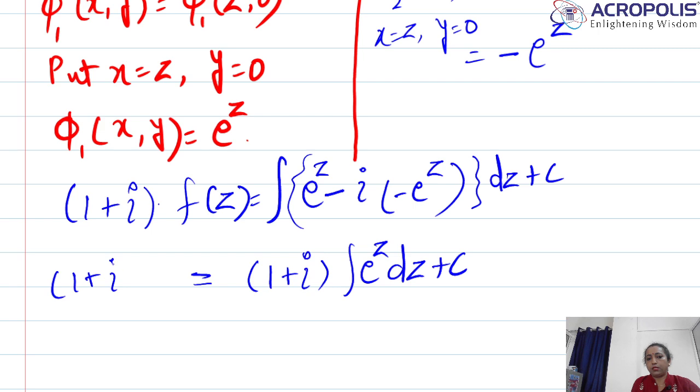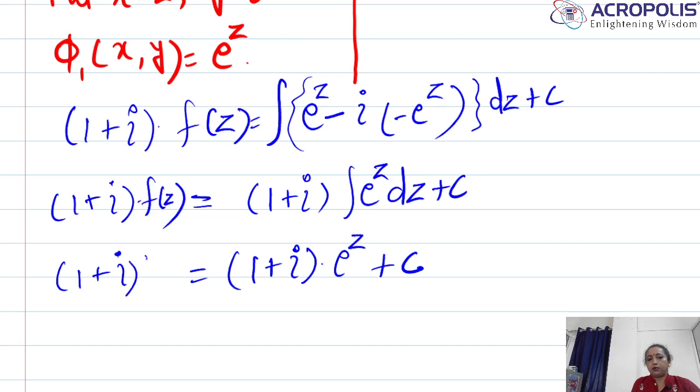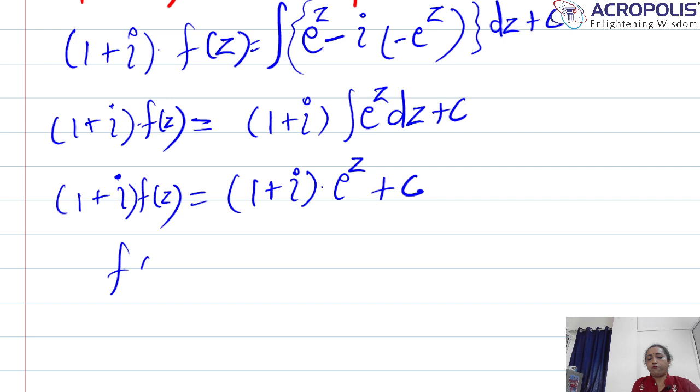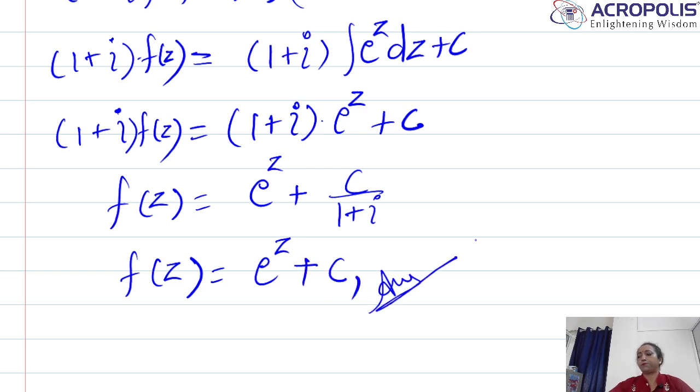After integration, we will get (1 plus i) f of z equals (1 plus i) e to the power z plus c, or else we can write f of z is equal to e to the power z plus c upon (1 plus i), and we can also put c as c1. f of z equals e to the power z plus c1. So this is the final result.